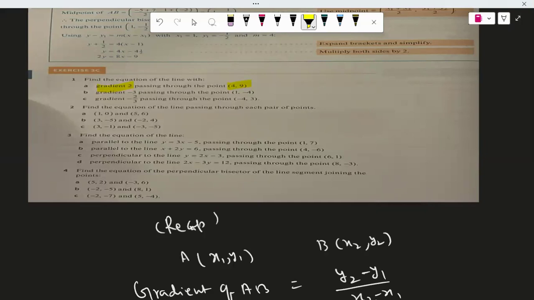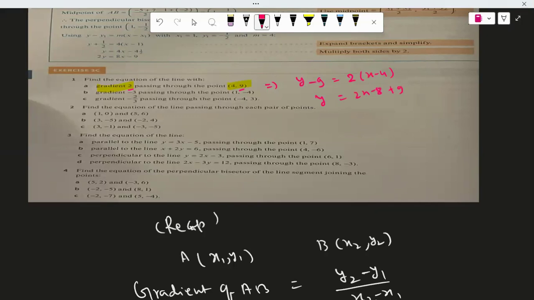So the equation of the line would be y minus y1, that is 9, equals m, the gradient, 2, times x minus 4. So y equals 2x minus 8 plus 9.